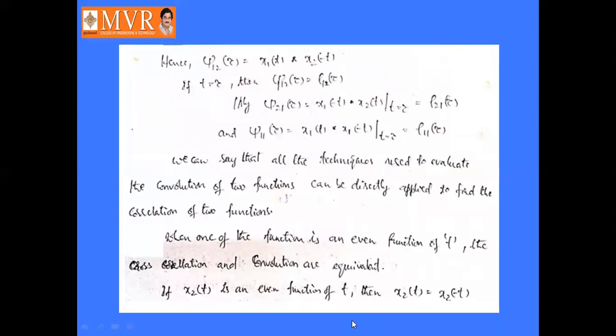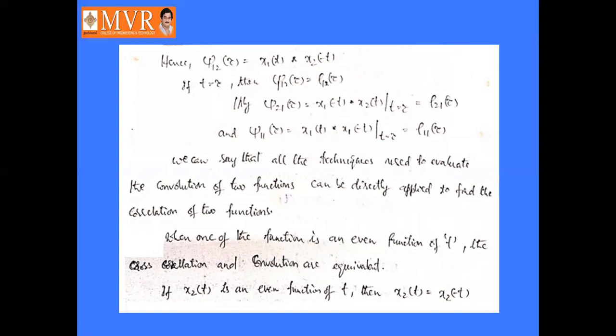Right? Hence J12 of tau is equal to x1 of t convolved with x2 of minus t, where if t equals tau, then J12 of tau is equal to rho12 of tau, where rho12 is the convolution function and J12 is the correlation function.